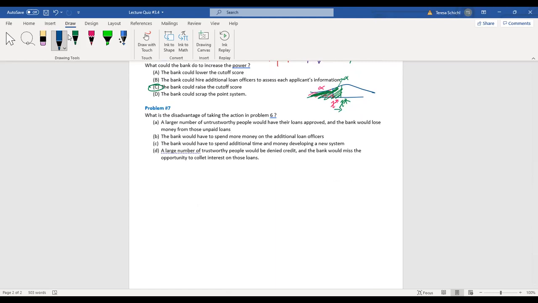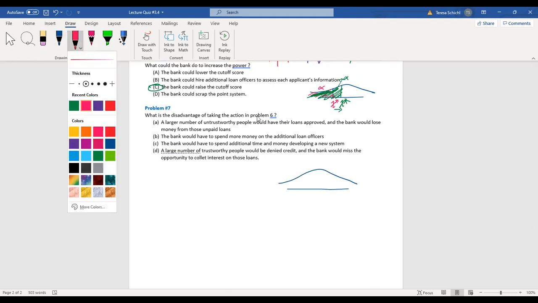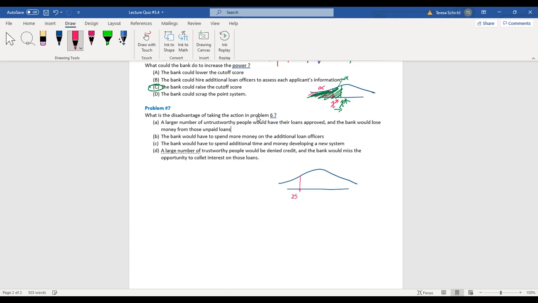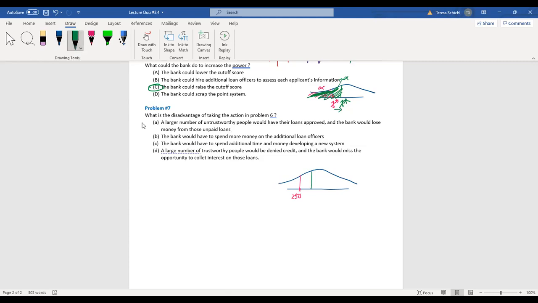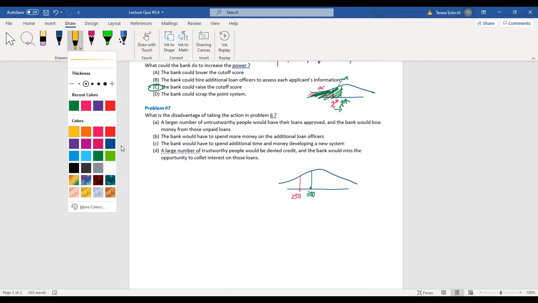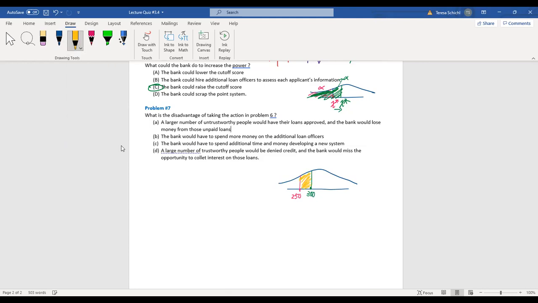So what could the disadvantages be? Originally, I will give the loan as long as people pass 250. For example, I raise the cutoff to the 300s here. So that means in this area, I'm going to have the allowed people.